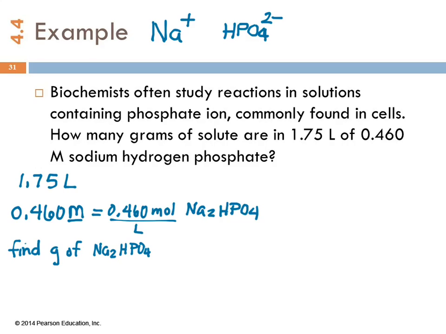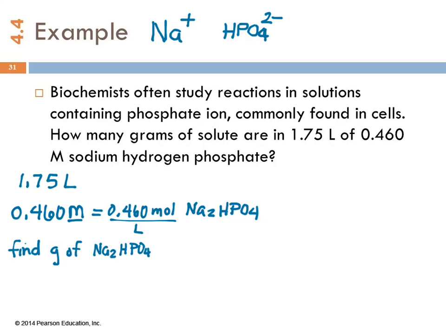Water. How would we know that? We'd have to assume. Water's considered the universal solvent. Most of the solutions are going to be in water. And so generally, if it's not specified, you can safely assume that the solvent is water. If it isn't water, they'll usually tell you. We don't need to know that, but.